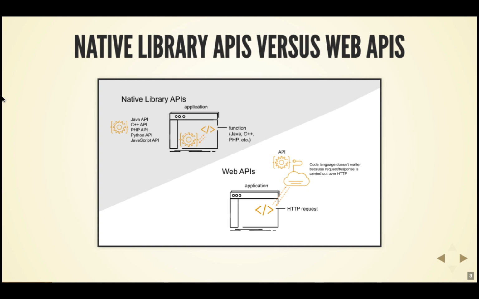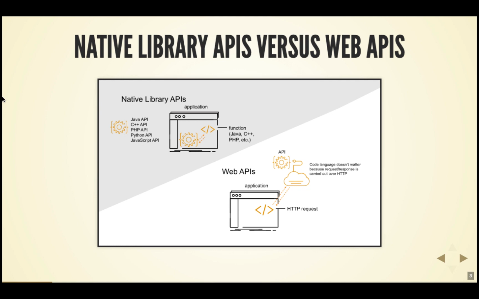In the last 15 years or so, a new type of API has emerged called a web API. With a web API, fundamentally, it is different because instead of putting the code directly inside your project, the code of the API resides on some cloud server, and the developer just makes a request out to it and then gets the response back, right?